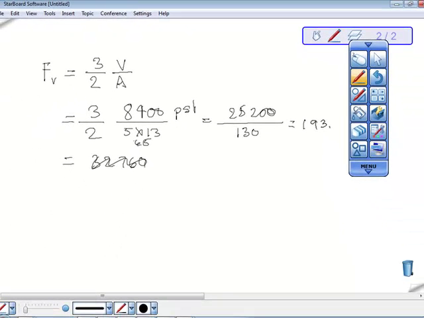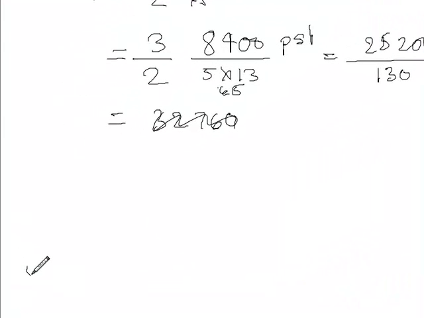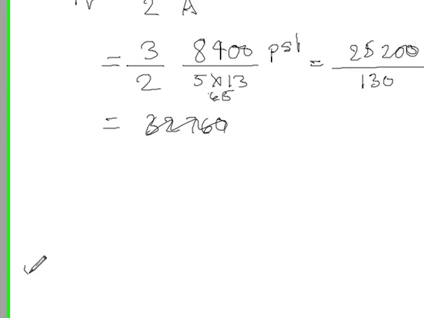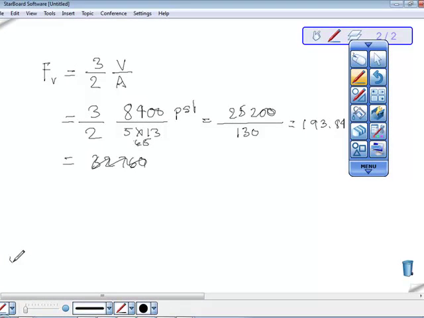193.84. So if V is 8,400 and then F sub V is 194 basically, that's greater than the 175, which is what that beam would hold. Okay, so V equals 8,400.